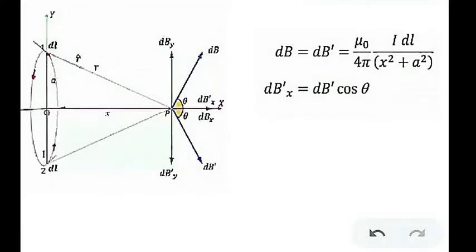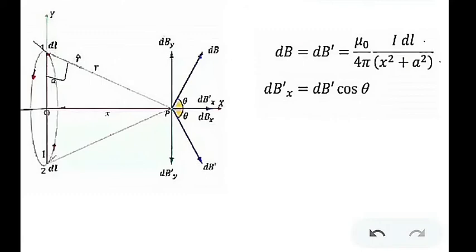So students, now dB equal to dB dash, mu naught upon 4 pi I dl upon x square plus a square. Now dBx equal to dB dash cos theta. Now we have to find the value of cos theta. Here this angle is 90 degree, so cos theta equal to base upon hypotenuse, so a upon r, and r equal to root of x square plus a square.